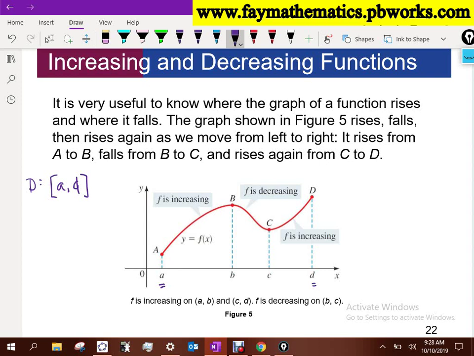Okay. The next thing that we do, and this is the place that calculus is going to streamline this and make this a lot easier, is that we're going to find some key points like B and C. Okay? Point B here is called a maximum.